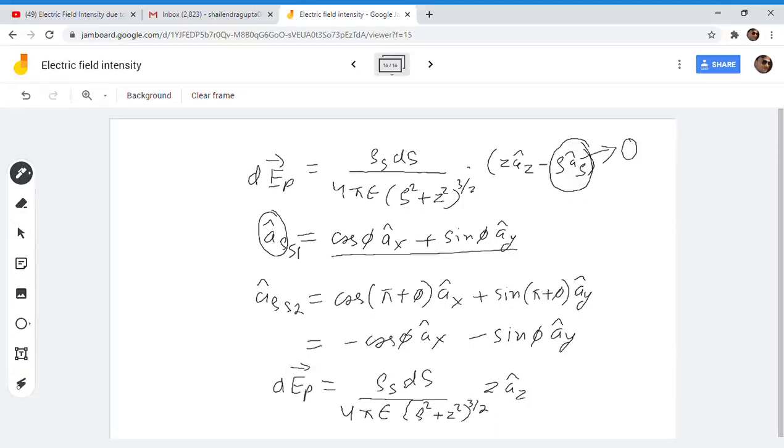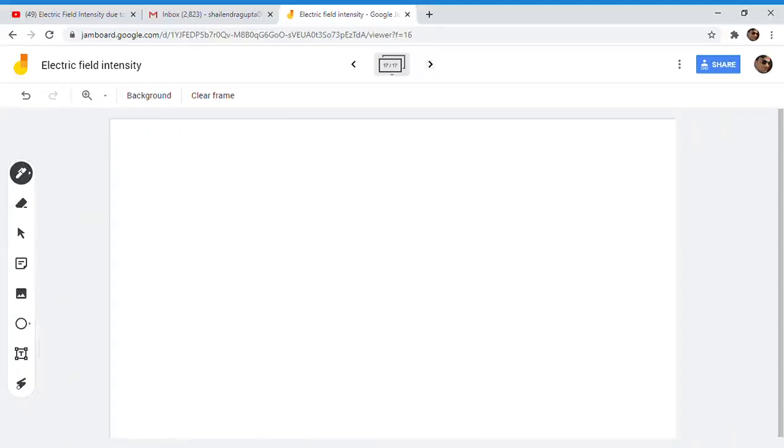Why? Because when we consider all the differential surfaces on this plane, we see that all the radial components of the electric field are being cancelled by each other. That's why we have taken our dEP just in Z direction.